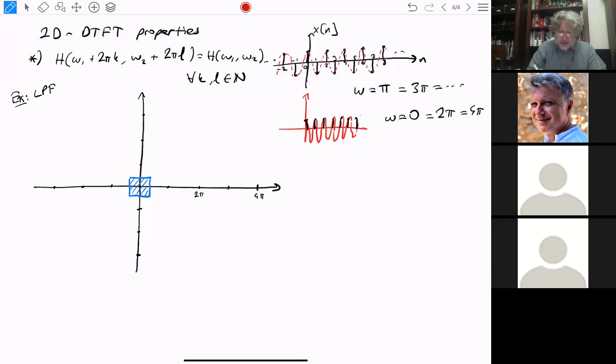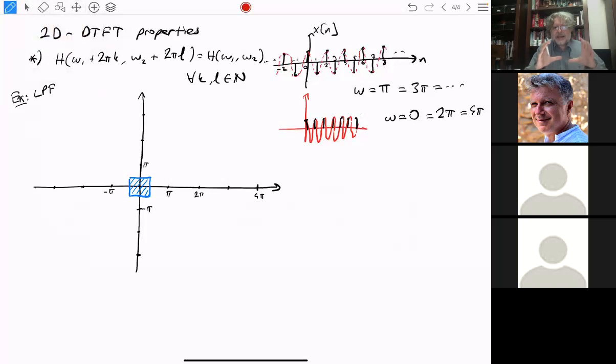As you see, it's not extending all the way to pi or minus pi, but it's somewhere between 0 and pi over 2, maybe, I don't know.